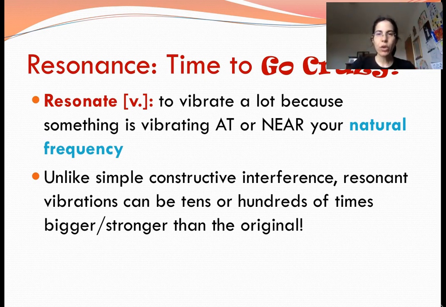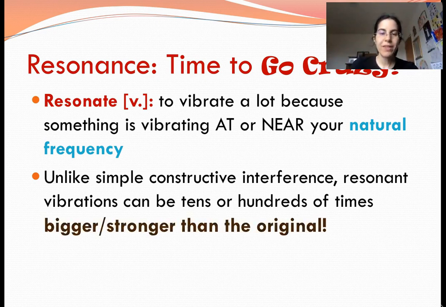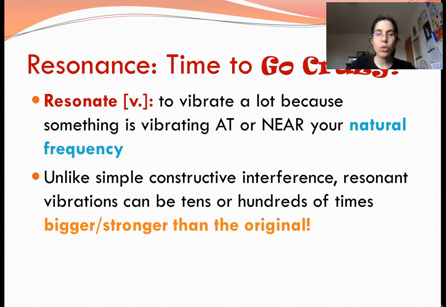But unlike constructive interference, resonance can be tens or hundreds of times bigger and stronger than the original vibration. You may not even be able to hear the original vibration because the resonance is so much louder. The resonance takes something that you couldn't even hear and makes it so you could hear it across a crowded room.